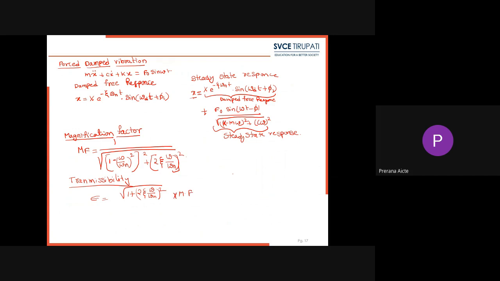What is MF? This is the whole term that comes here again. And at resonance we can say that omega is equal to omega n. Omega n is based on the natural frequency, and omega is based on the applied force. So if both are equal, then it is called resonance.